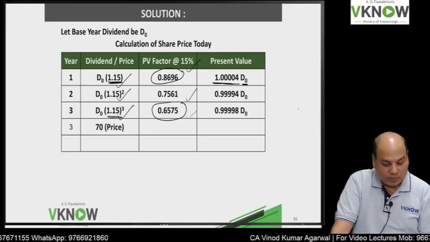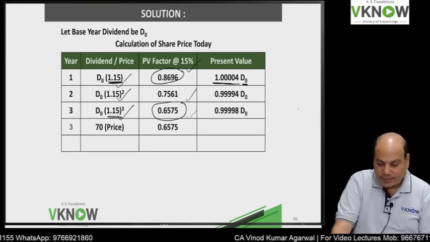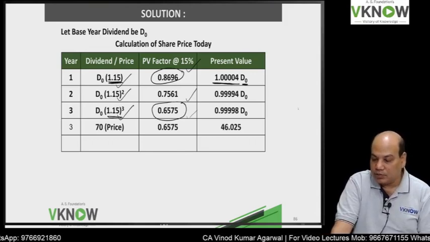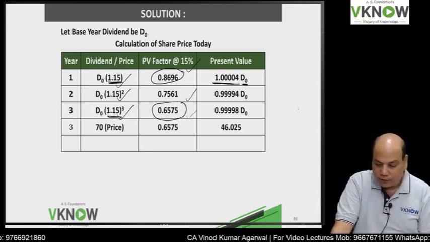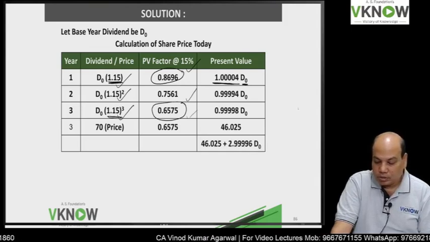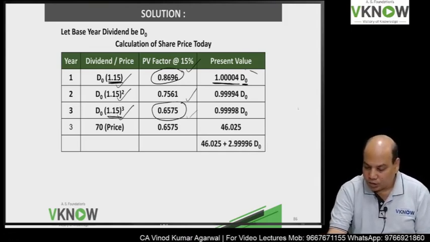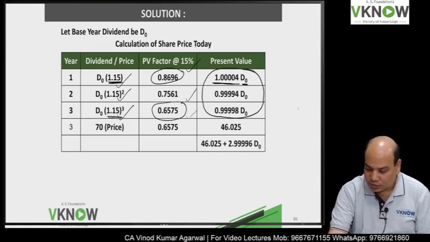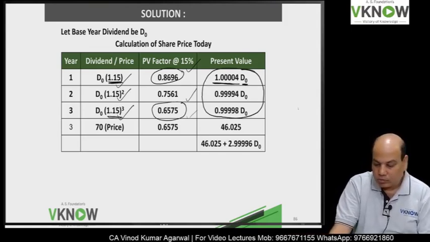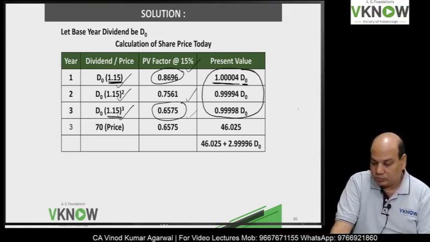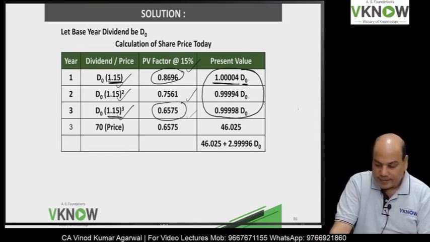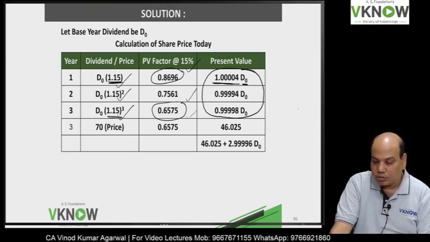70 rupees, third year price 70 is given. So that will also be discounted by 0.6575. Multiply, you will get 46.025. Take the total. First you add these three numbers which have D0. You can write 3D0 also. Okay. So it comes to 46.025 plus 3D0.